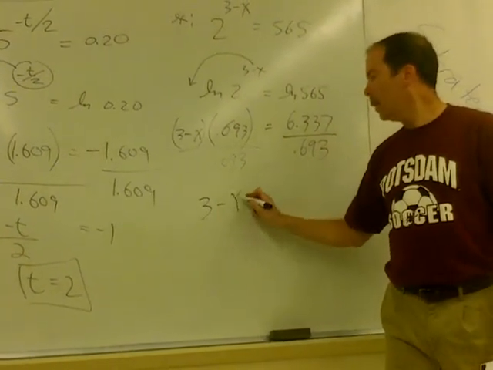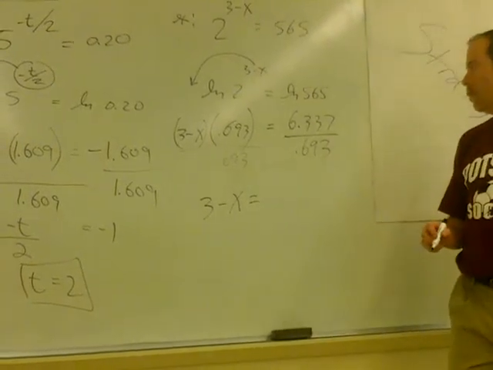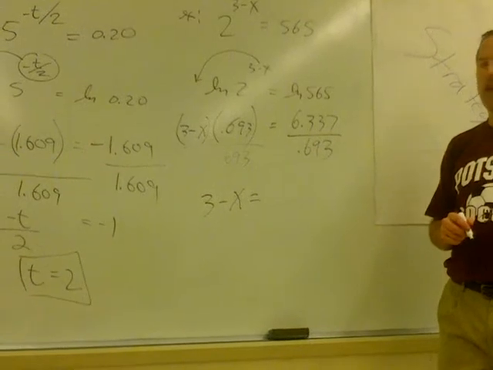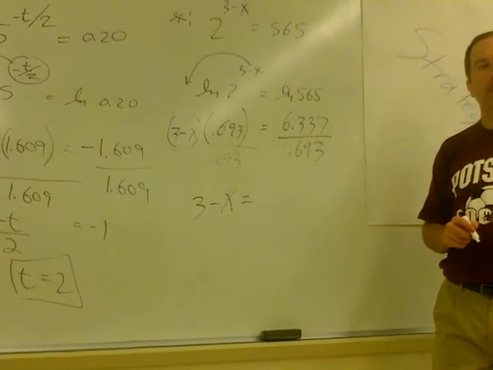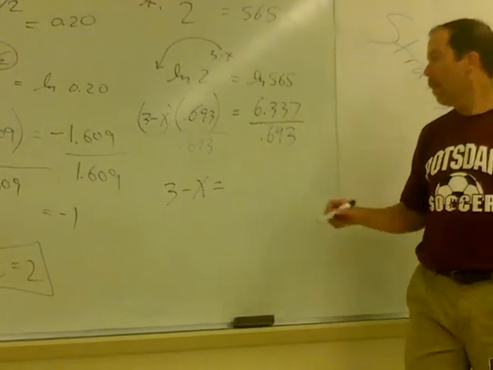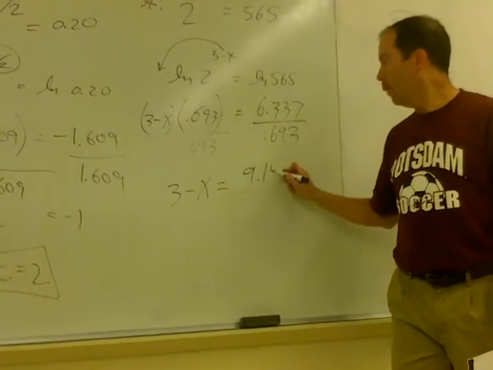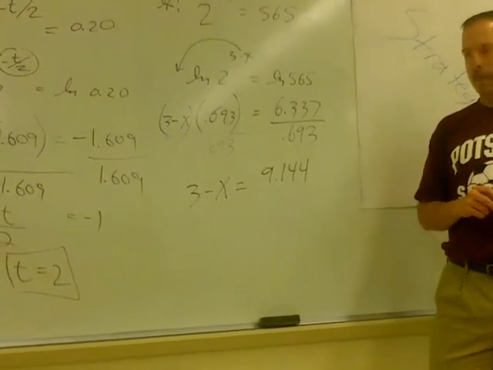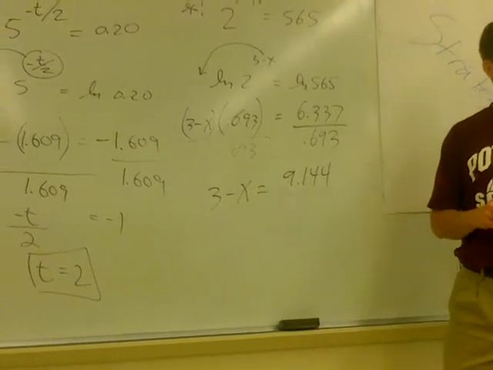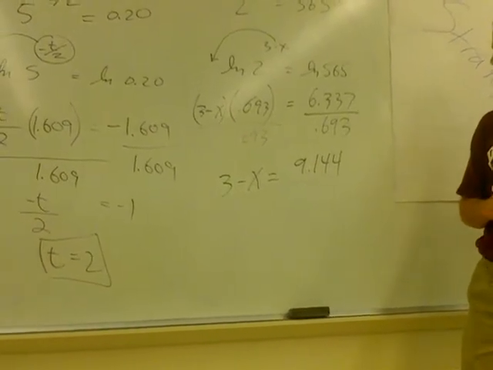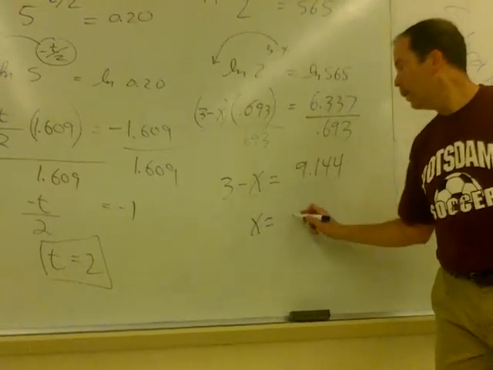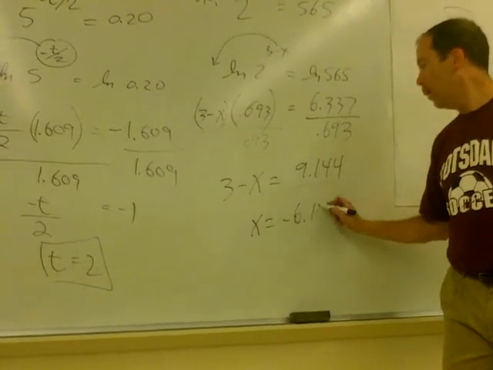So we get 3 minus x equals 9.144. Then we subtract 3 and divide by negative 1. So we get x equals negative 6.144.